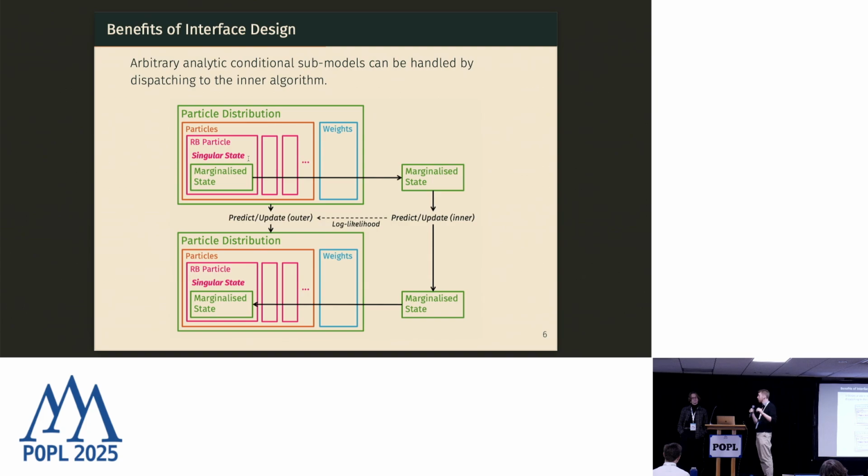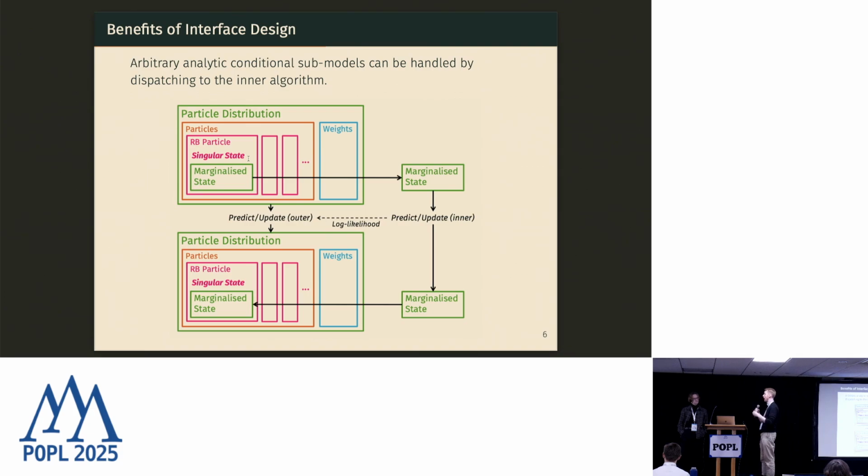The way this works is that we have our empirical particle distribution, which is going to contain many of these pink particles, each with a singular value for an x and an entire marginalized distribution for the z. If we want to update this entire particle distribution, we can simply pull out that marginalized state and dispatch to whatever closed form inference algorithm is appropriate for that type of marginalized state.